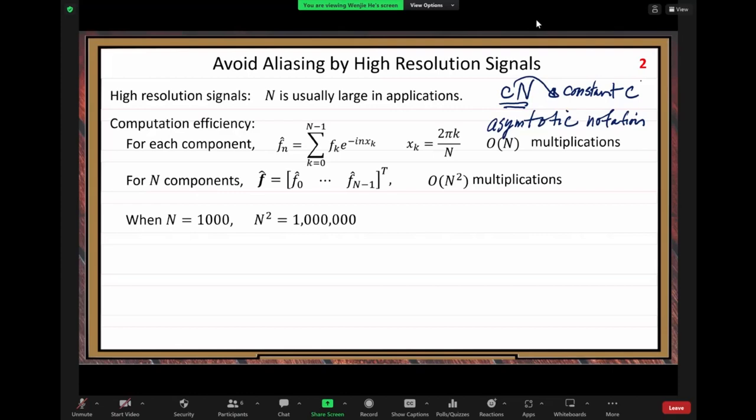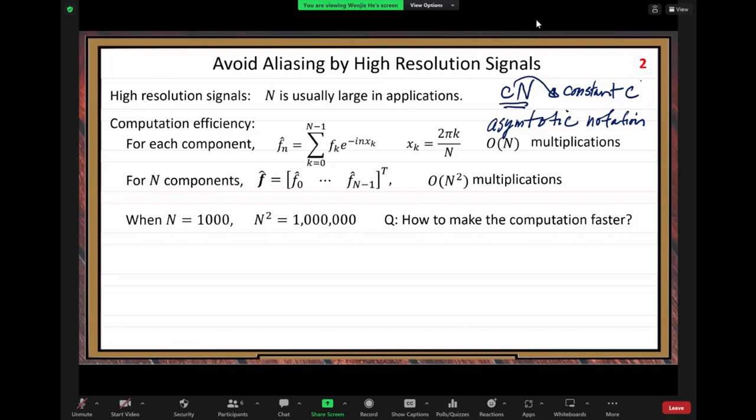Now, the question: how to make the computation faster? When n equals 1,000, you need to do 1 million. If n is much more than 1,000, then this number grows much, much faster. You need to do a lot more multiplications, and that could be very slow.